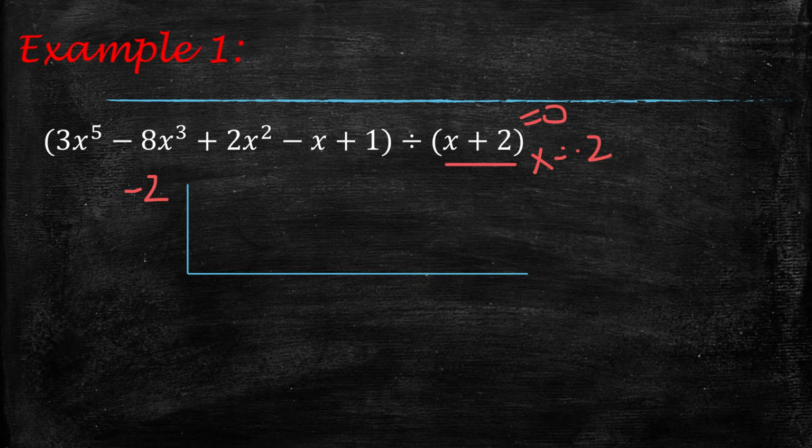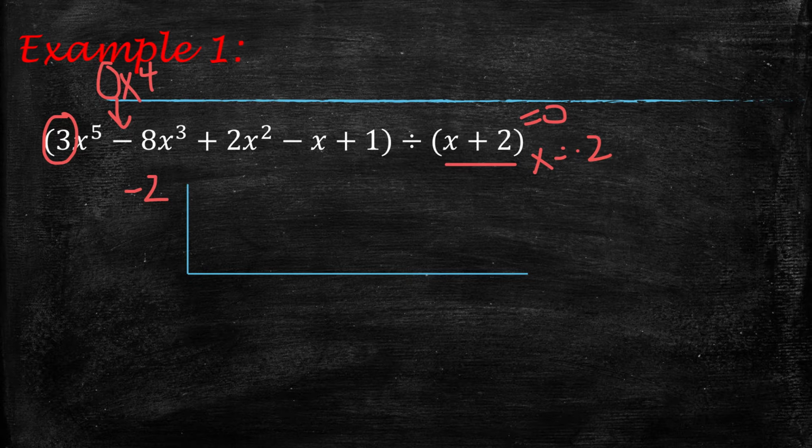Then you're going to take your coefficients and you're going to place them inside the division bar. So my coefficient of my first term is 3. Now notice here that I'm missing an x to the 4th. And so this is what I mean by place holding with a 0.